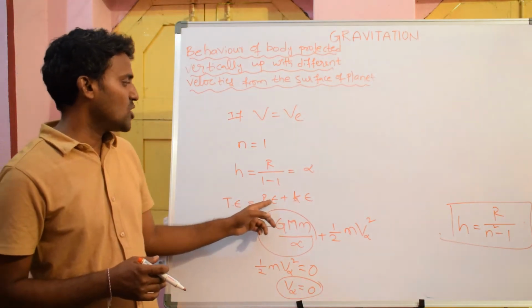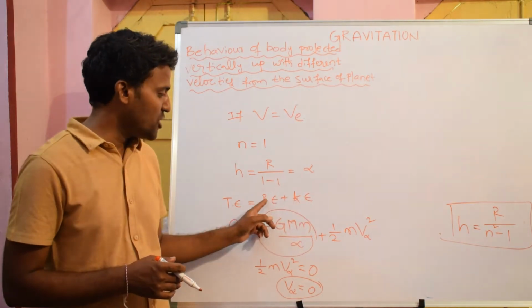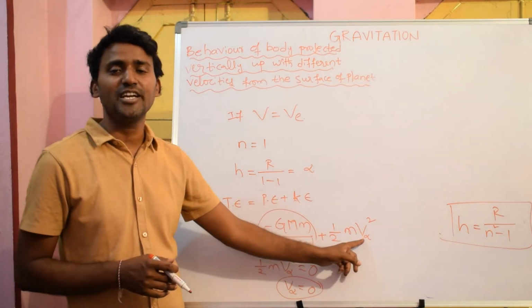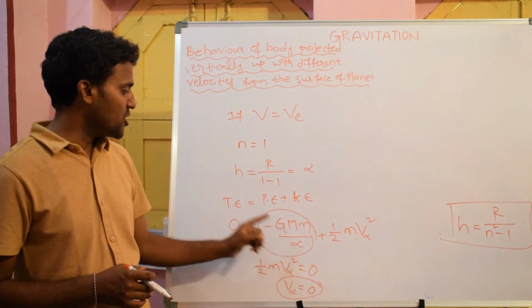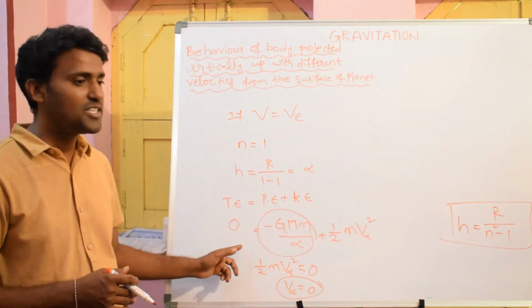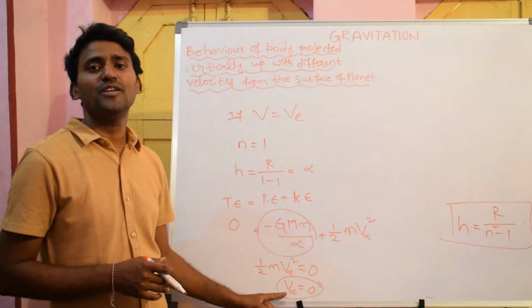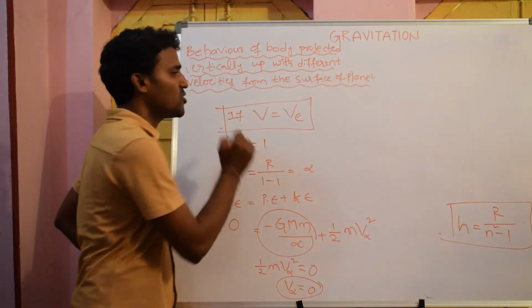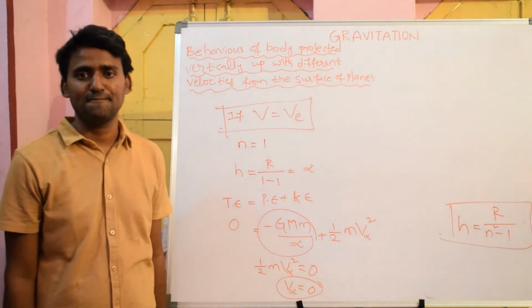Total energy is equal to potential energy plus kinetic energy. Here v infinity means velocity at infinity, r is infinite. The total energy becomes 0 when the object is at infinity distance. So the velocity at infinity is equal to 0 in this case.